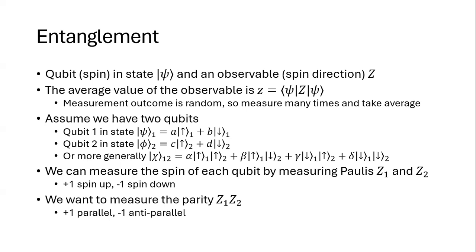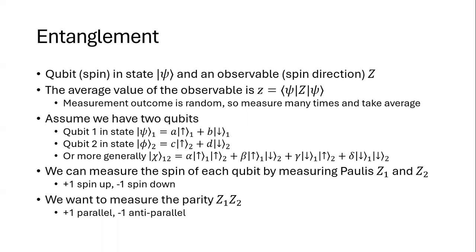Parity is just a product of the two Paulis, so z1 times z2. And physically, what it tells us is whether the spins are parallel or anti-parallel. So if you measure this observable and you find the value +1, it means that the spins were parallel, so either both up or both down. And if you measure this observable and find the value -1, it means the spins were anti-parallel, so up, down, or down, up.